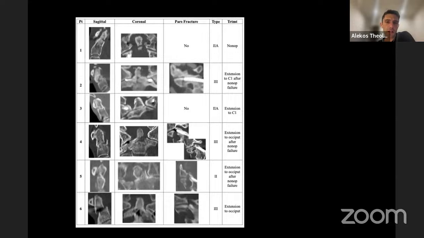These are the table from the study. You can see here some of the complex patterns, comminuted dens fractures with pars fractures, the tip of the screws. Some of these were treated non-operatively. And you can see one patient, number 5, had a pretty complex fracture that was treated non-operatively, went on to a very severe rigid torticollis.